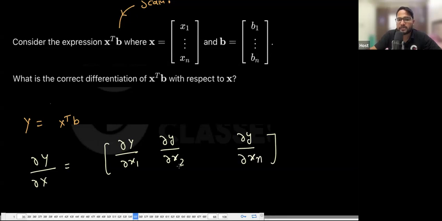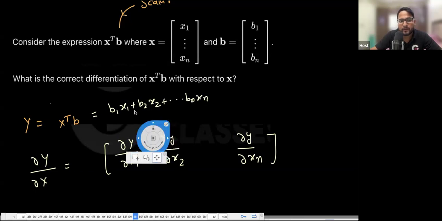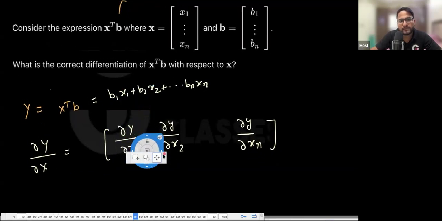If you notice, y, which is x transpose b, will be b1 x1 plus b2 x2 plus dot dot dot bn xn, right? Can you tell me, if you differentiate this y with respect to x1, what you will get?